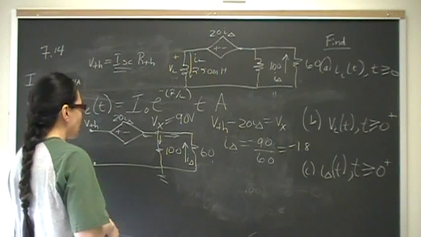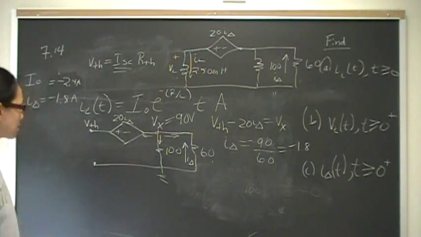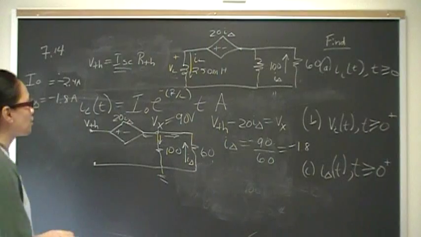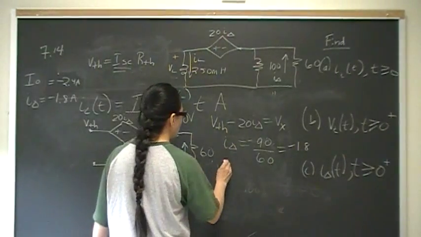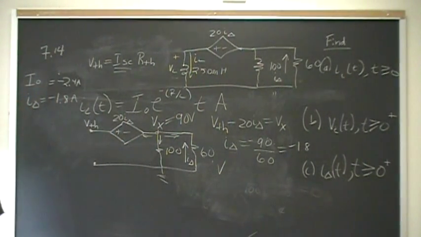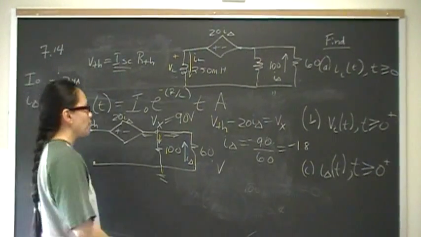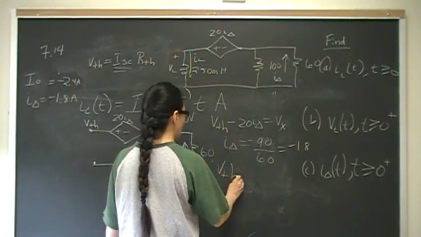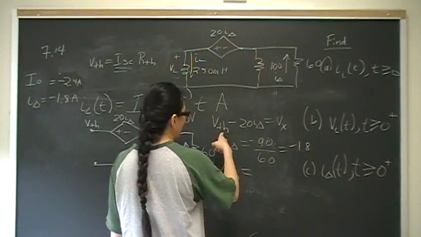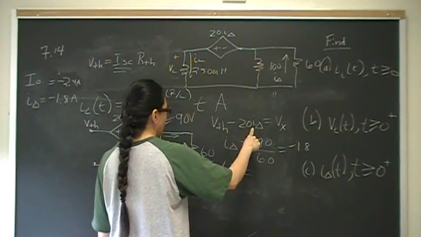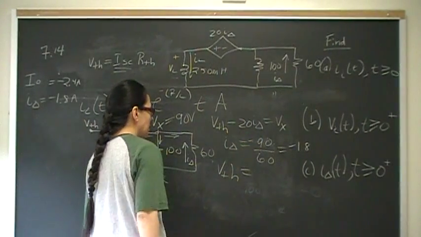Okay, so now we know Vx. That was really important. Now we need to figure out V Thevenin, and the reason we need V Thevenin is we need R Thevenin, which is going to be V Thevenin divided by I short circuit. So V Thevenin is Vx plus 20 times I delta.